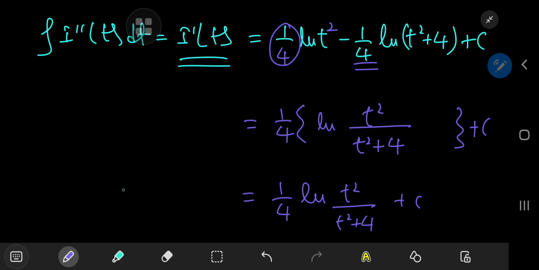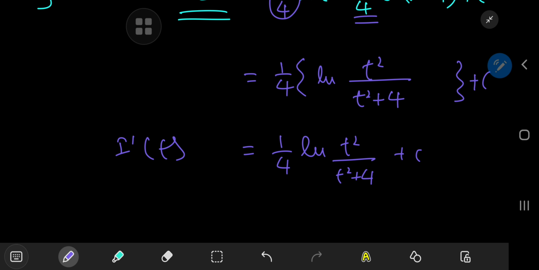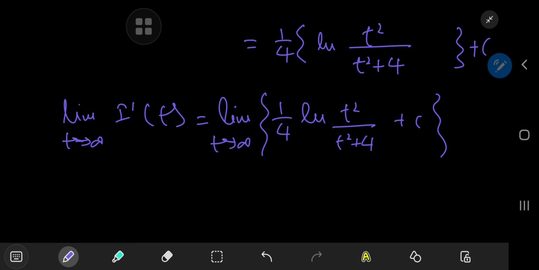So on the left-hand side, you have the derivative of I with respect to t, and applying the limit as t goes to infinity, the left-hand side is 0.